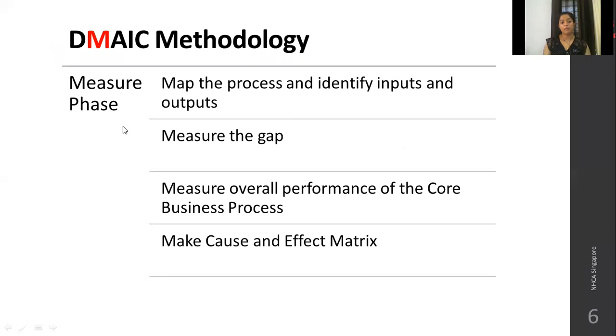Then in the measure phase, map the process and identify inputs and outputs. Measure the gap, measure overall performance of the core business process, make a cause and effect matrix. So what you do in the measure phase is look at what is currently happening in MRI. When a patient comes, at what time is the patient arriving in the MRI department, at what time is the patient handing over their reports to the MRI reception?